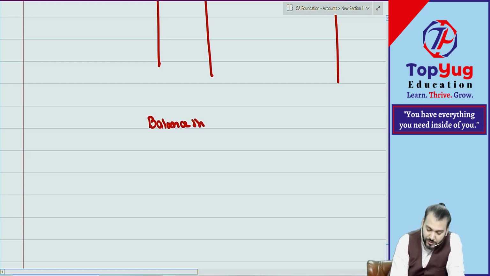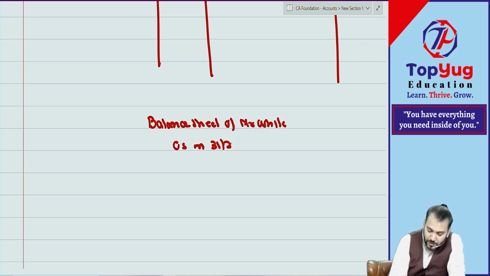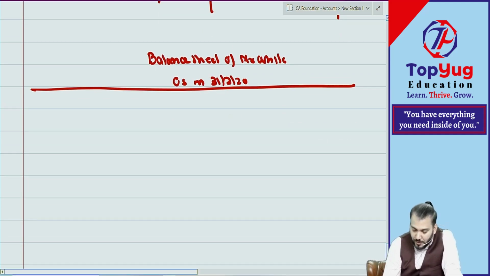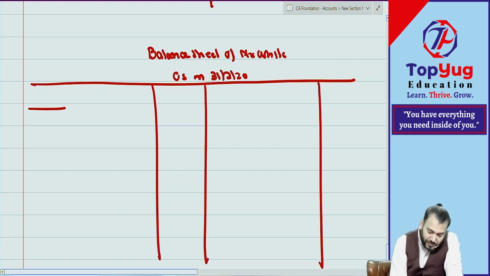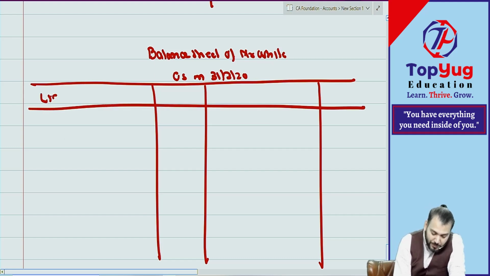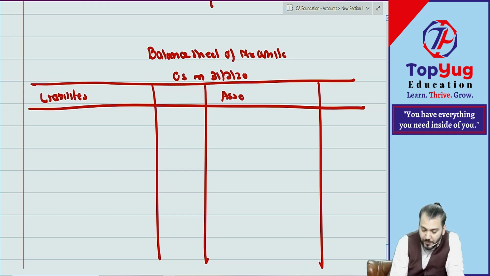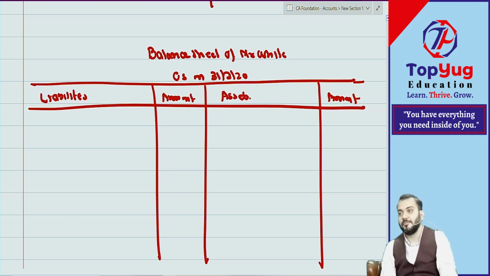The balance sheet of Mr. White as on 31st March 2020. For the left hand side, what will come? Liabilities. In right hand side, what will come? Assets. And between, what will come? Amount.